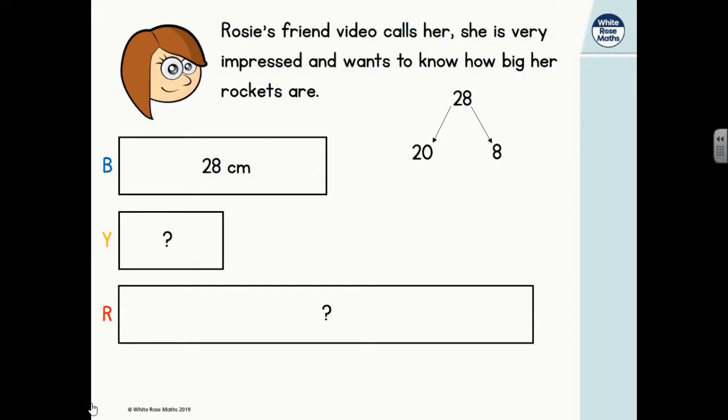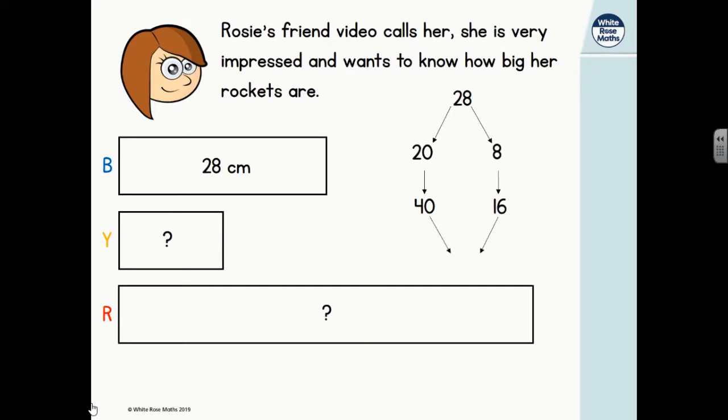I think doubling 20 is easier, so I'll do that first. Double 20 is 40, because 20 is made of 2 tens. So if I have 2 tens and 2 tens, that gives me 4 tens. And then my ones, double 8, I might count on, or I know my double facts, I know that 8 and 8 is 16, so I can put that in there.